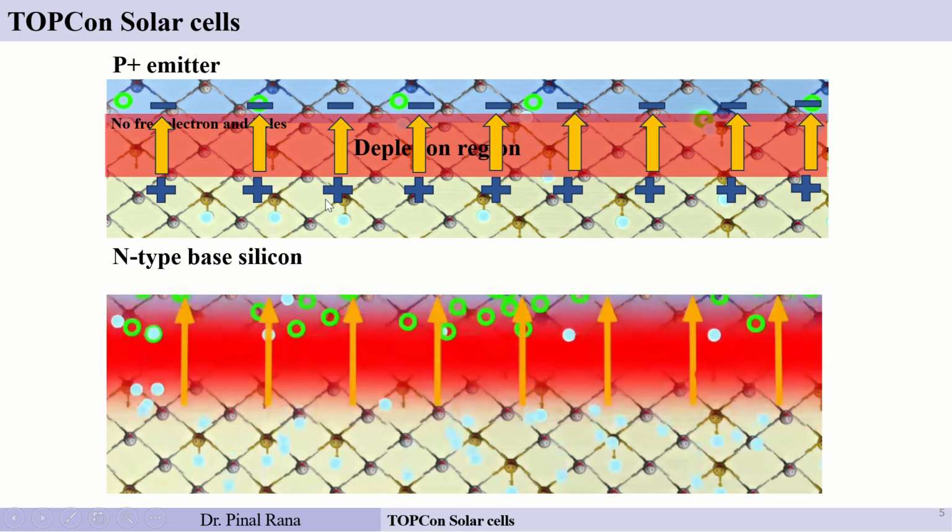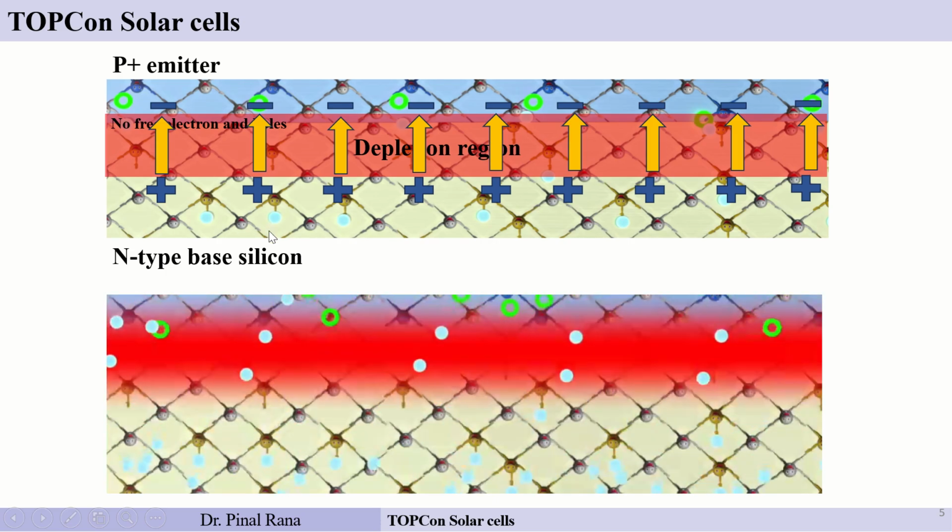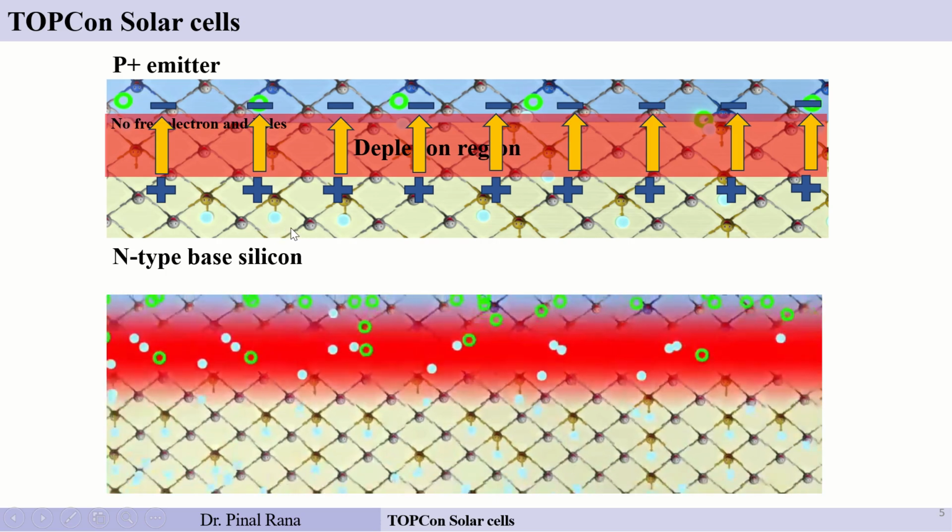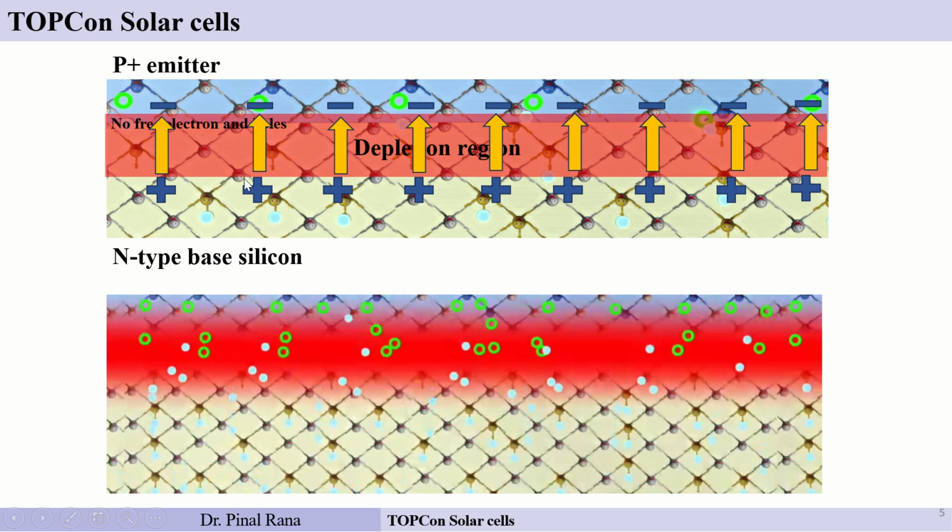Initially the bottom silicon is the N-type. Because of this N-type, a positive charge is generated, and this is the P-type, therefore negative charge is generated here.